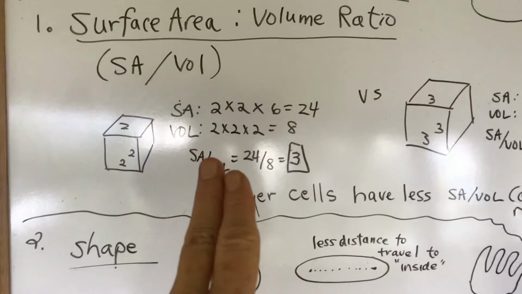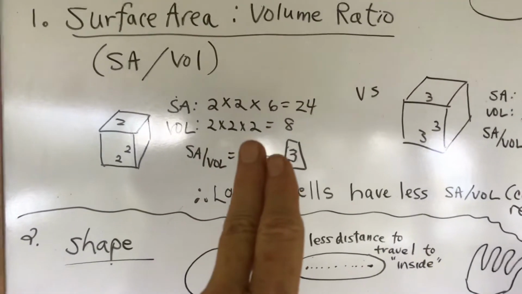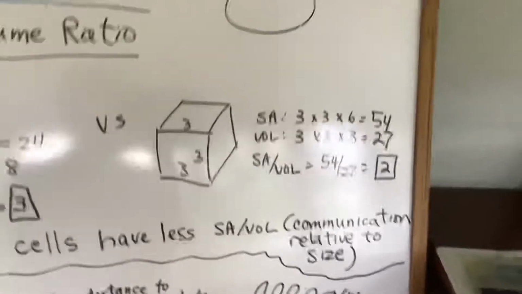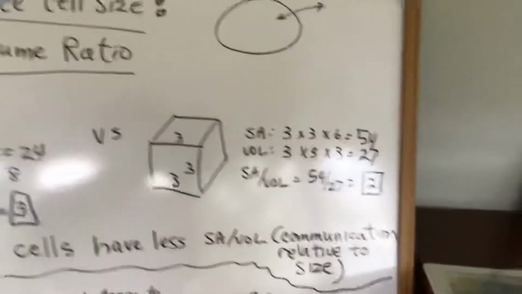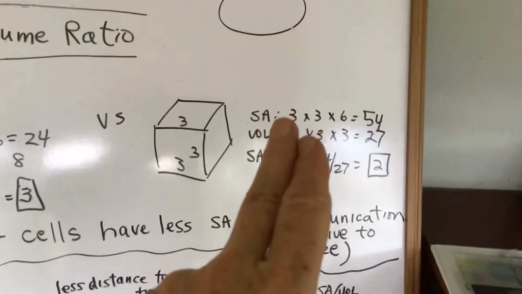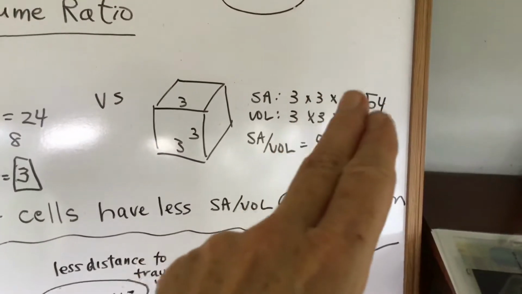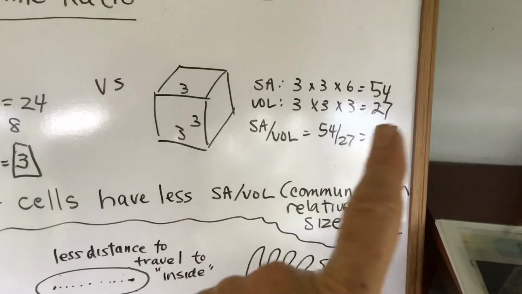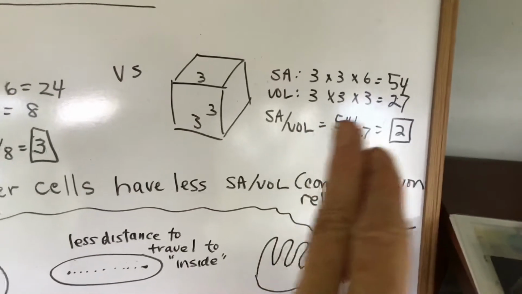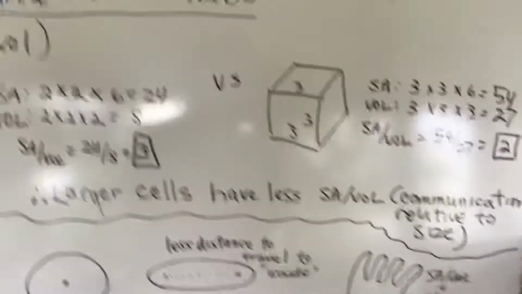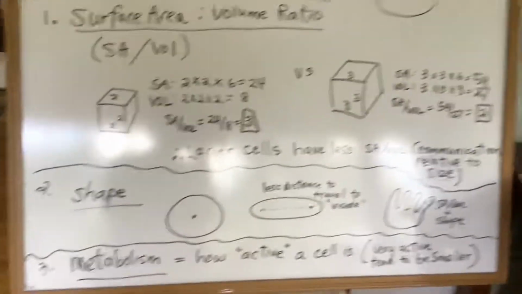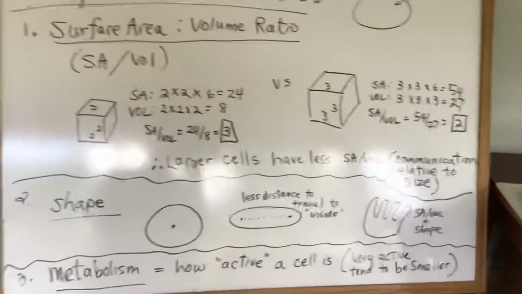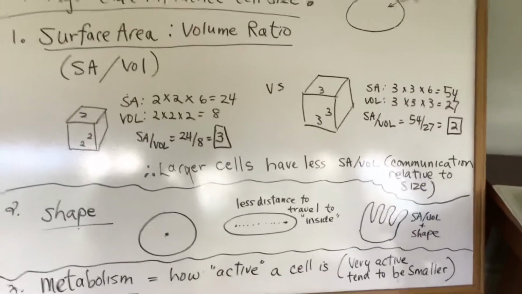My surface area to volume ratio would be 3, compared to a box that is 3 by 3 by 3. In that case, the surface area is 3 times 3 times 6, or 54, and the volume would be 3 times 3 times 3, or 27. My ratio would be 2. Now, what this means is the larger I get, the less surface area per volume I have.